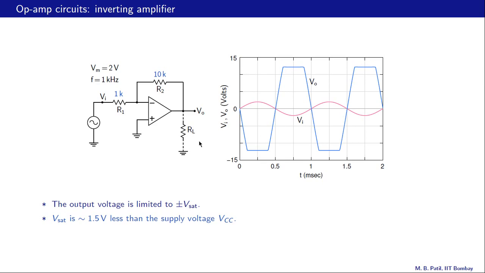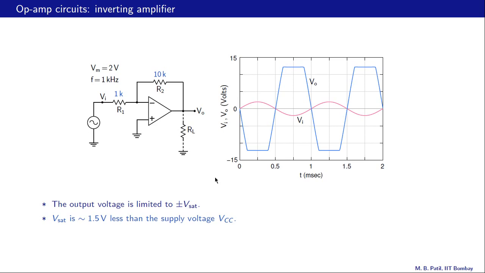Here is an example. The input amplitude is 2 volts. The amplifier gain is minus 10, and therefore we expect an output voltage amplitude equal to 10 times 2 or 20 volts. That means we expect the output voltage to go up to 20 volts in the positive direction and minus 20 volts in the negative direction.